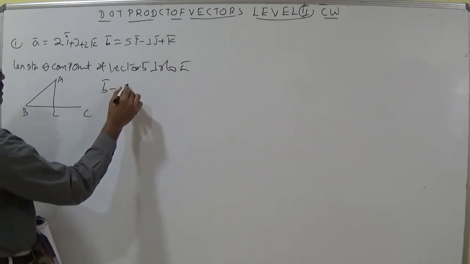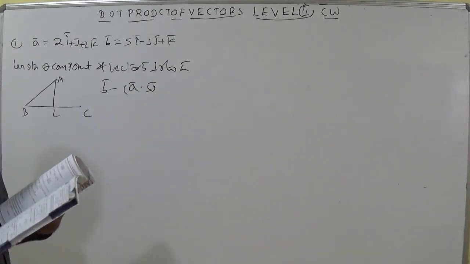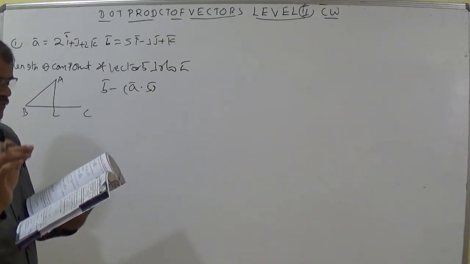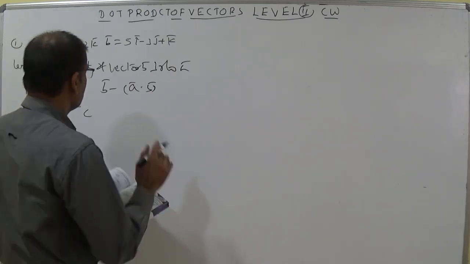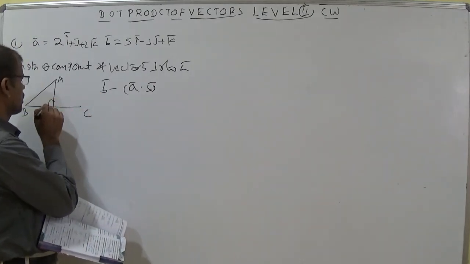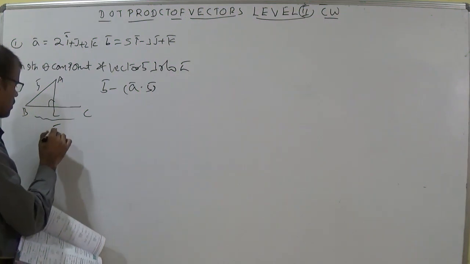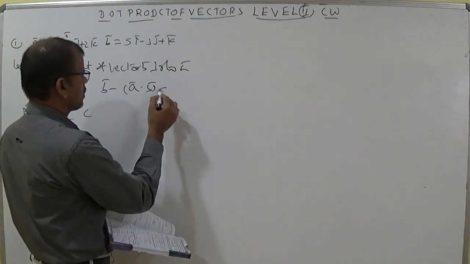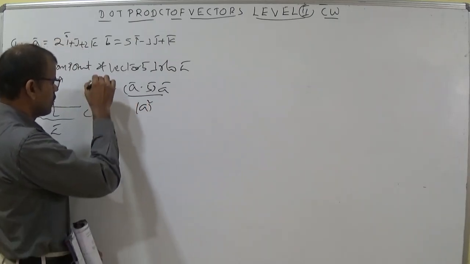You should read the question carefully to see what is being asked. The formula is B bar minus (A bar dot B bar) into A bar by modulus of A bar square.